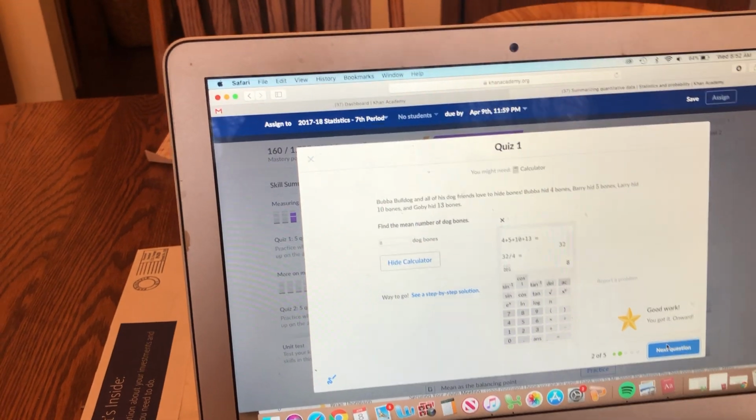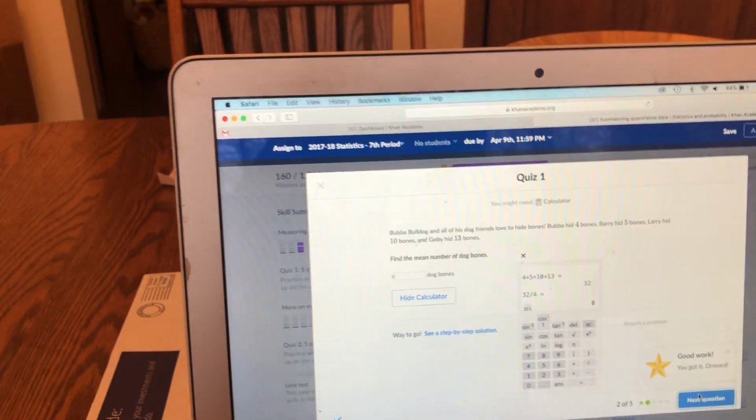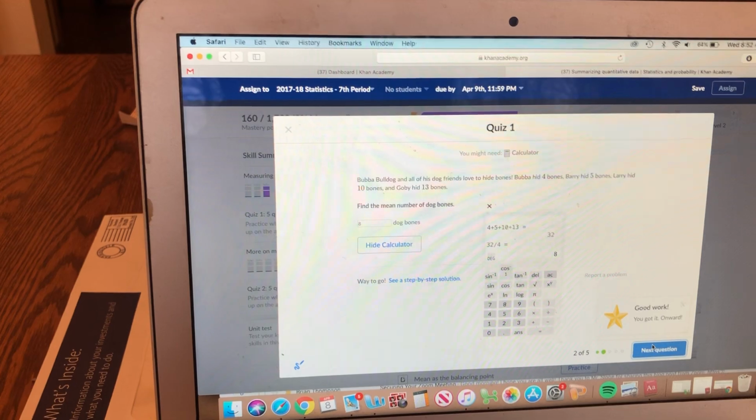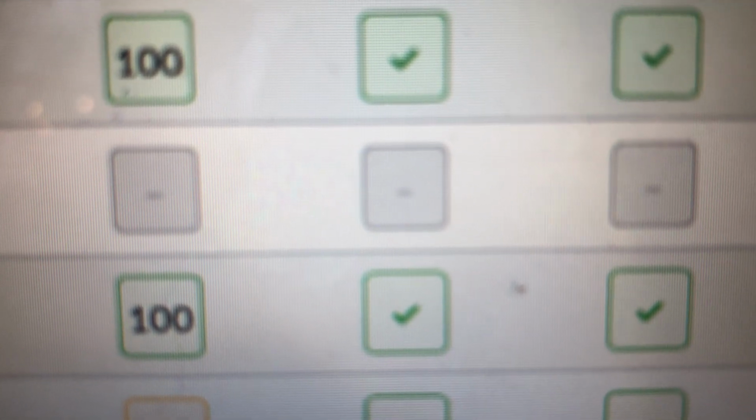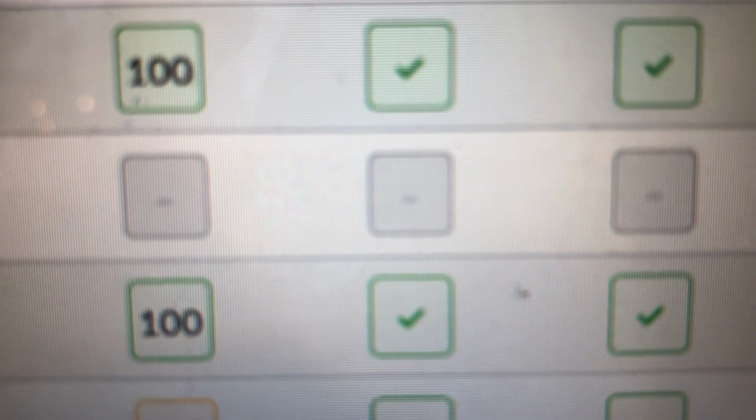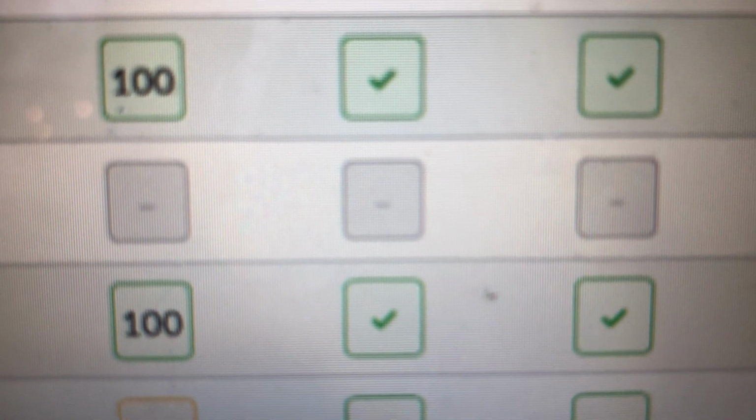Okay, so I'm going to show you here real quick what it shows me on my side of things. You can see right there I am. And if I scroll over, it's showing me that I got 100% on that first worksheet and that I completed the 2 worksheets.